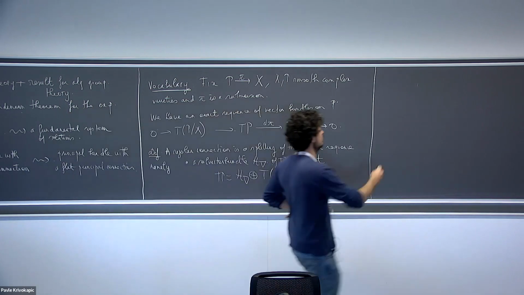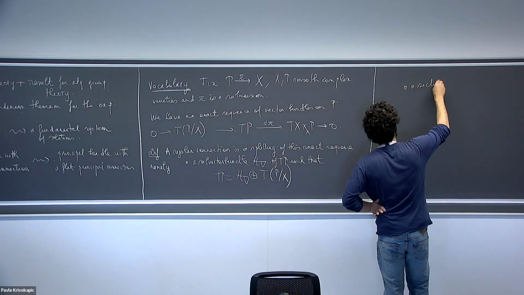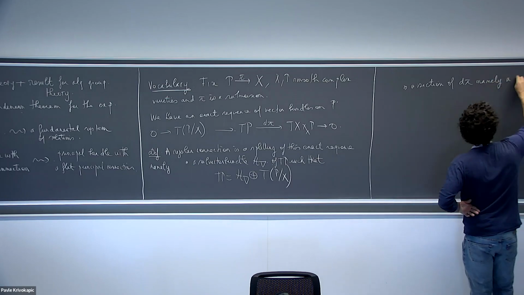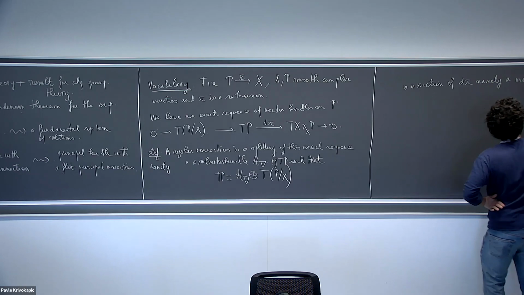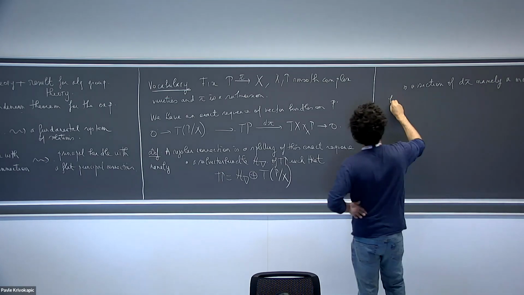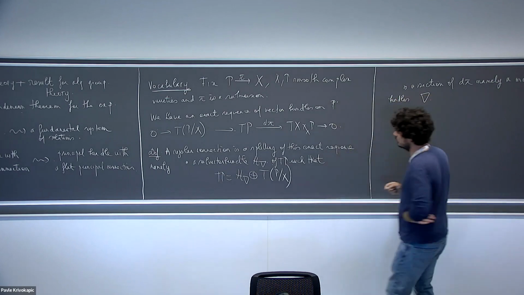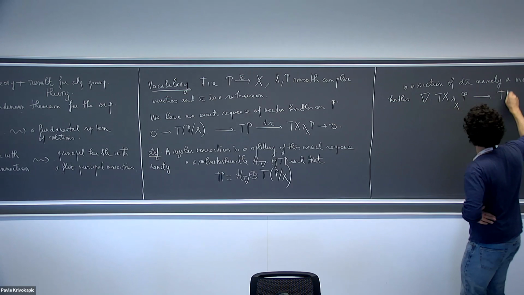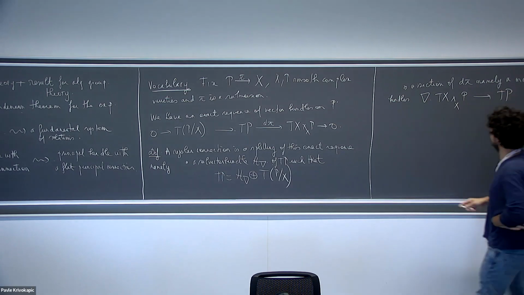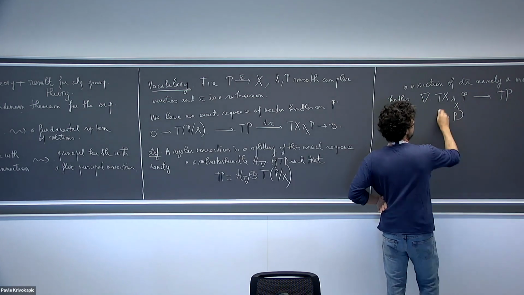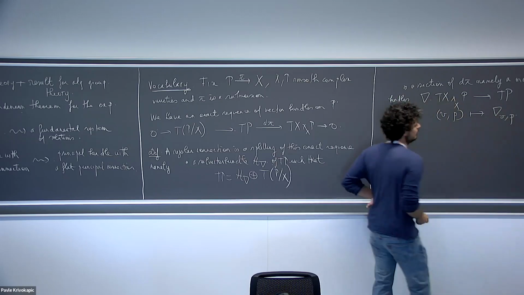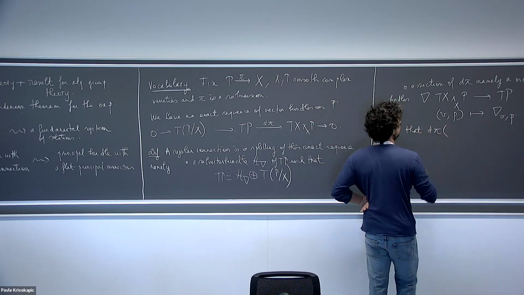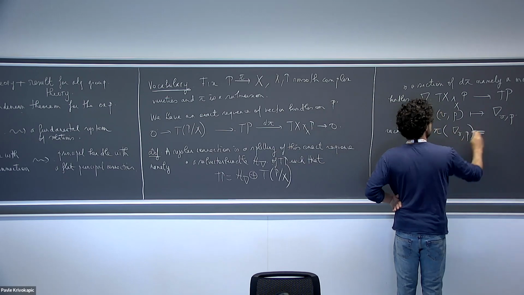Equivalently, this is also a section of dπ, namely a morphism of vector bundles δ, which takes a vector v in TX and, over the same point of X, a point p in P, and lifts this vector into a vector in TP. We denote it δ(v,p), such that dπ of δ(v,p) is equal to v.